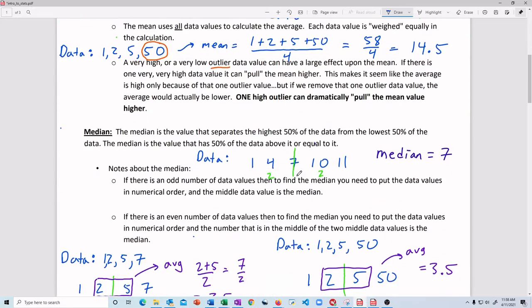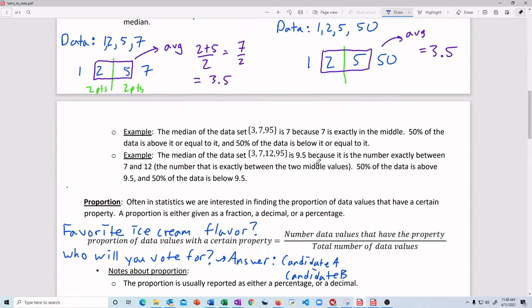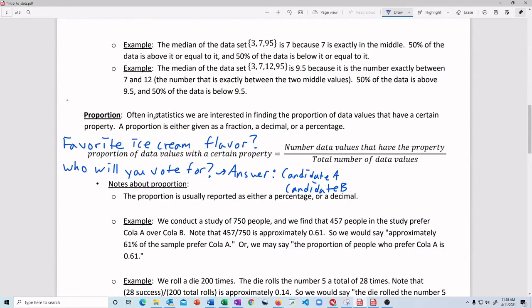That doesn't make any sense. So we need a different way to summarize the data. If I go ask people what their favorite ice cream is, I'm going to end up with a bunch of stuff like vanilla, chocolate, strawberry, vanilla, mint, red bean. There's no way for me to add those up and divide.